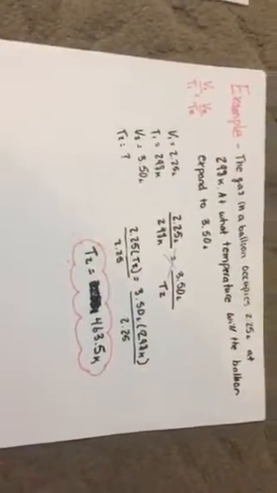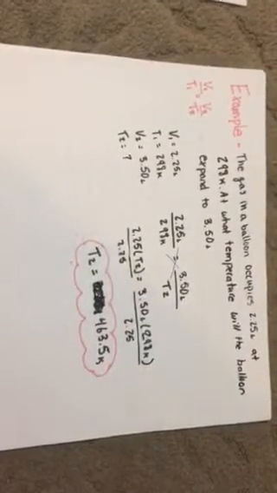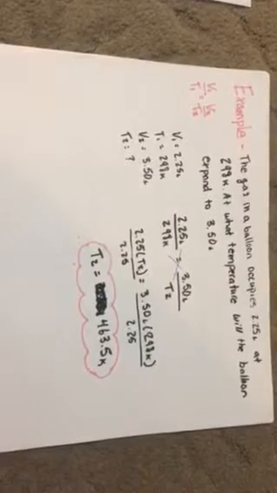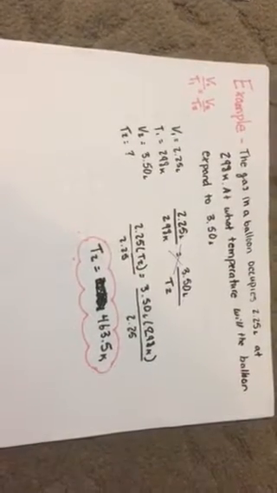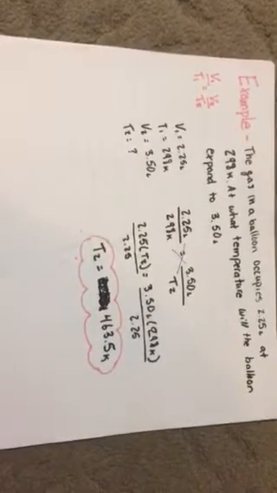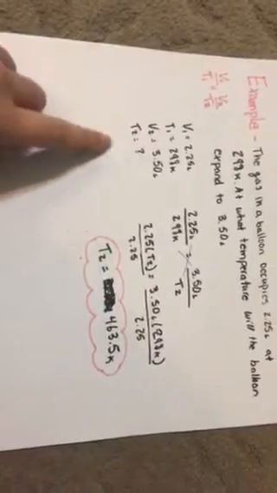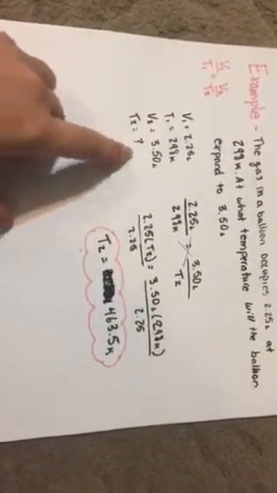An example: the gas in a balloon occupies 2.25 liters at 298 K, so Kelvin. At what temperature will the balloon expand to 3.50 L? You have your table, put in your variables.